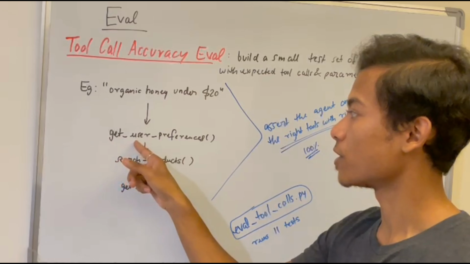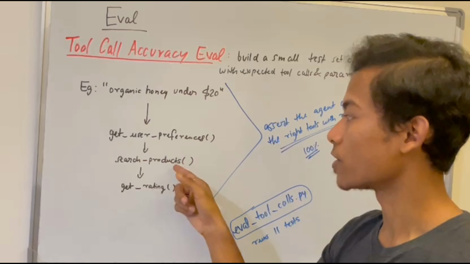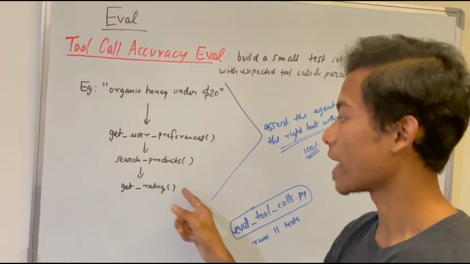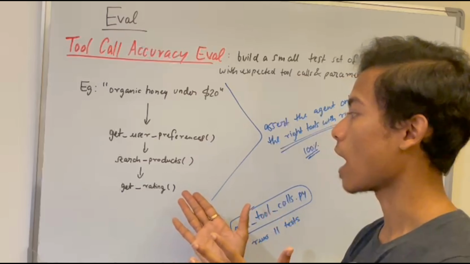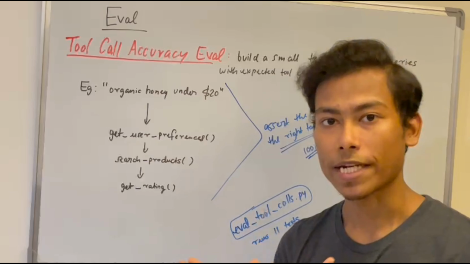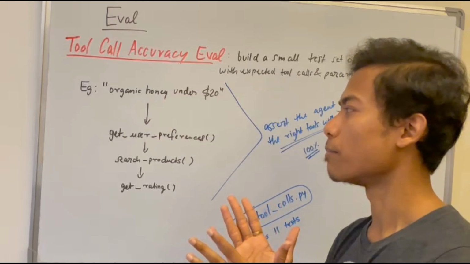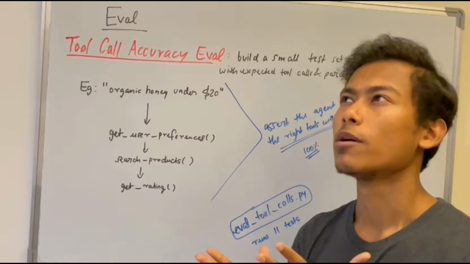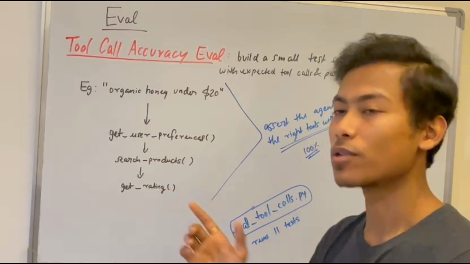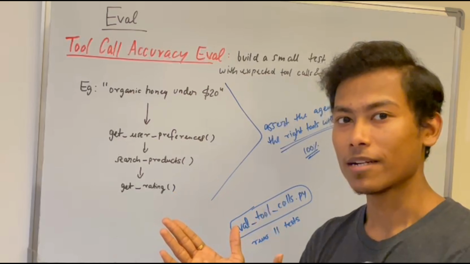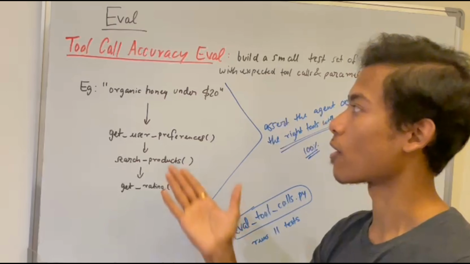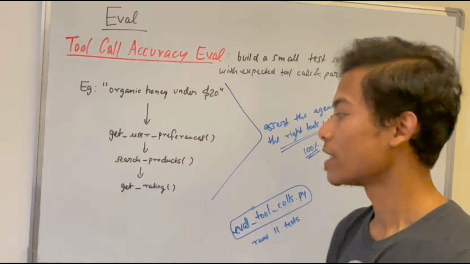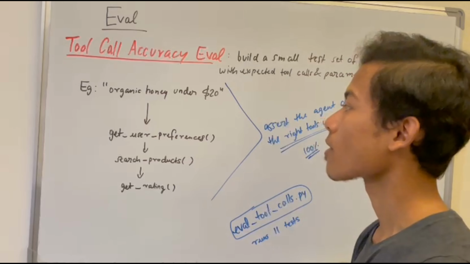It first calls this, after that it calls this, after that it calls get rating to get the individual average product rating based on each product ID. Those average ratings are also displayed in the Streamlit UI when you search for "I want honey" or "I want organic honey under $20." That's how it is operating.